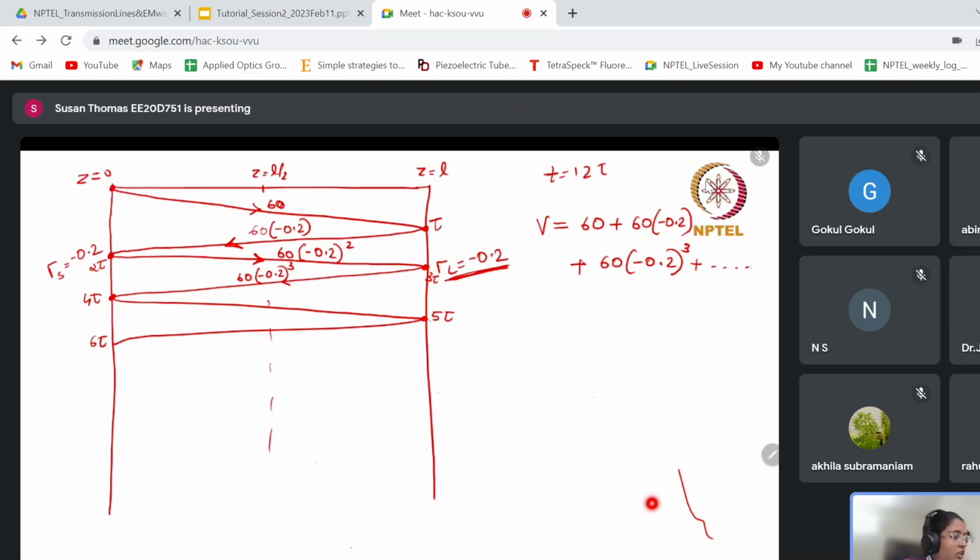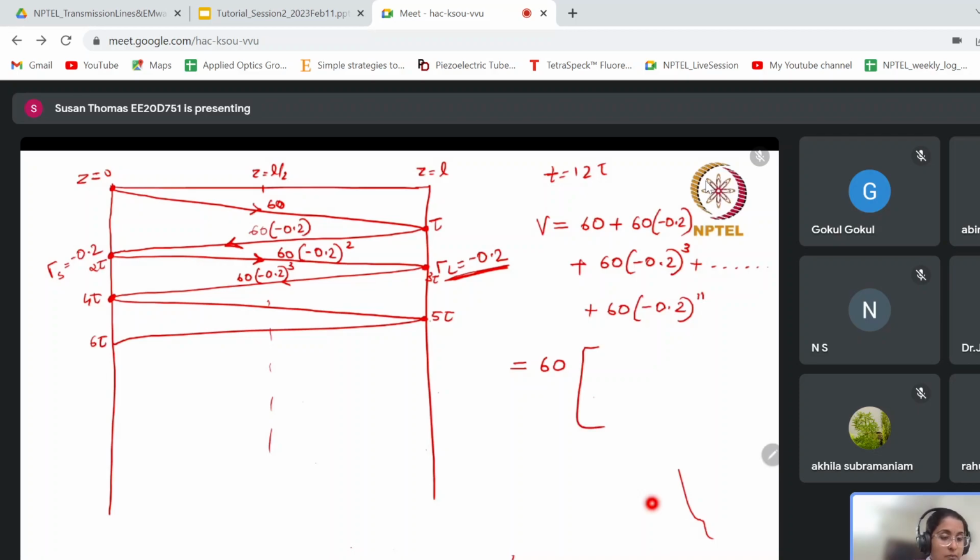And when it comes to 12 tau, so you see when it comes to 4 tau, it is minus 0.2 raised to 3. So when it comes to 12 tau, it will be 60 into minus 0.2 the whole raised to 11. Okay. So let me write it in a better way.